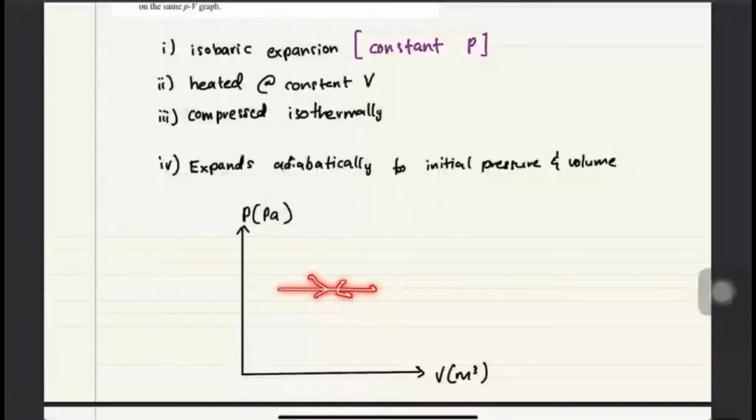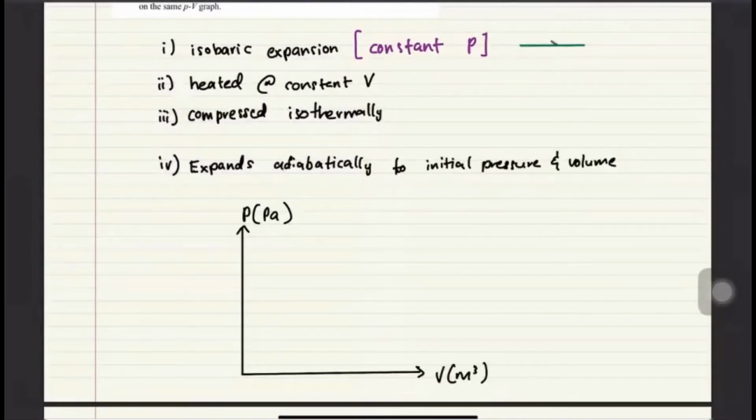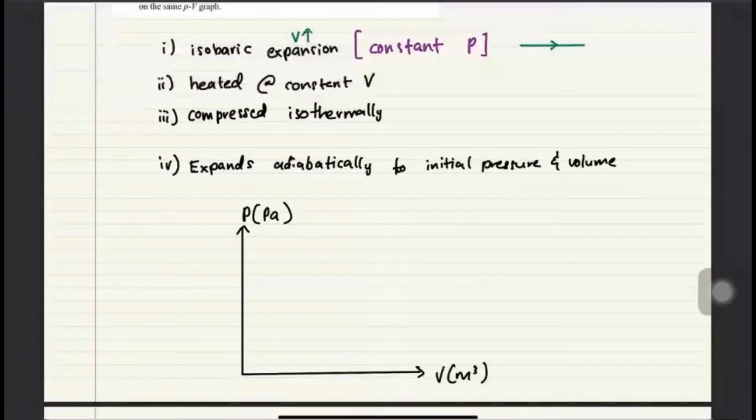To the right. Kenapa? Why do you say it is to the right? Betul, ke kanan. Tapi kenapa? Sebab dia expand. Yes, expansion indicates that the volume bertambah. Very good. So volume bertambah over here. It indicates that the direction is to the right.